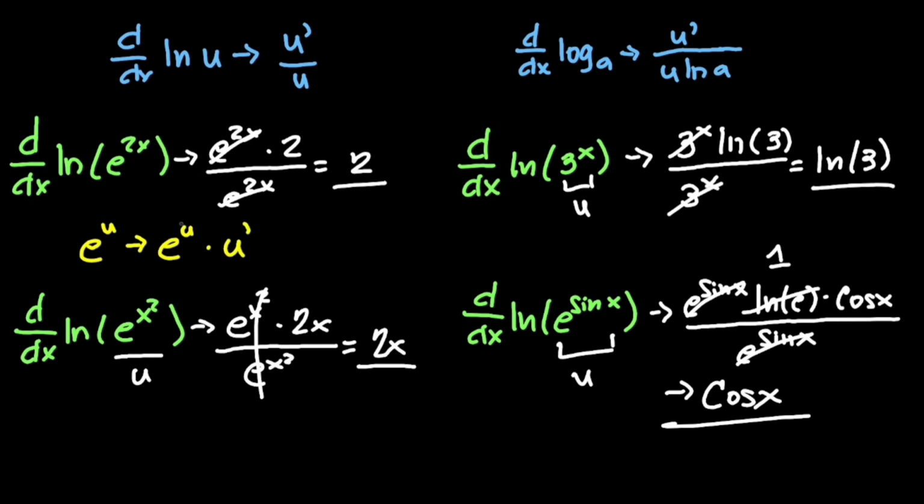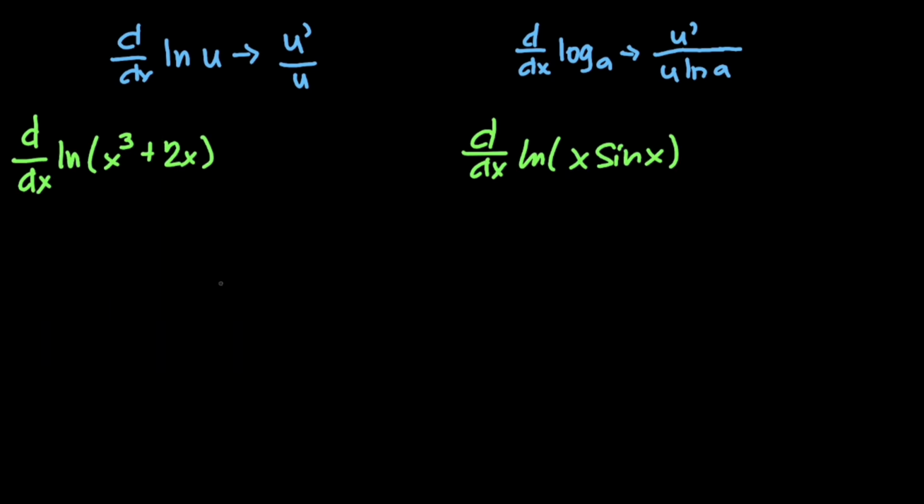As you can see, I copied e^u here, which will be this, and u prime is the derivative of what the u here is. So u prime here is 2x, and u prime here is 2 because the u here is 2x. Let's go with this example.